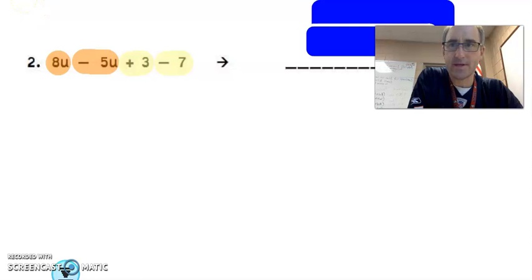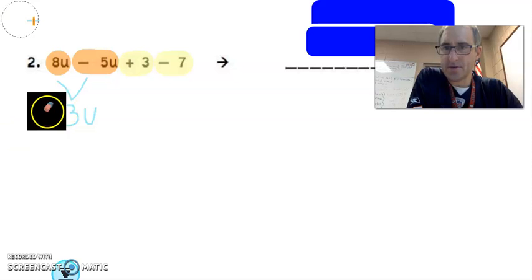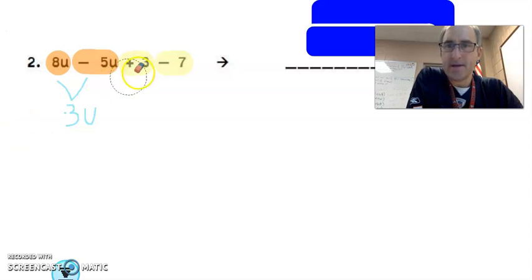Let's put our terms together. 8 and minus 5 is, oops, positive 3. I should erase that minus sign. 3 minus 7: there are more negatives in the 7 than there are positives in the 3, so that's going to give me an answer of 4. But that answer is negative, so that's a minus there. This is a positive, so it's 3U minus 4.